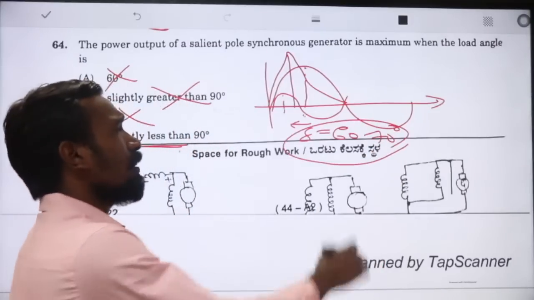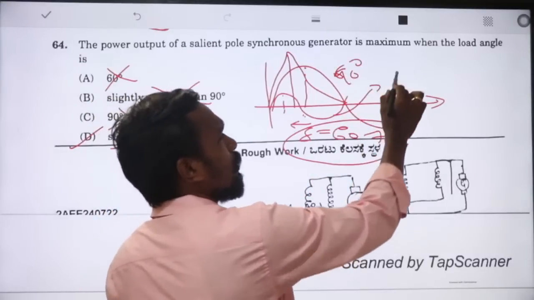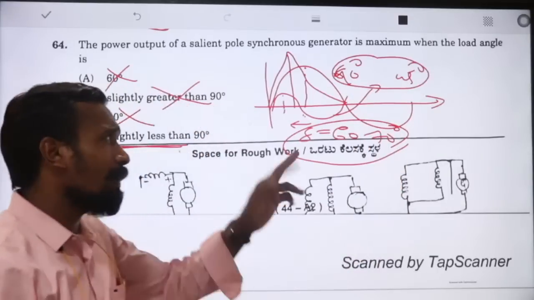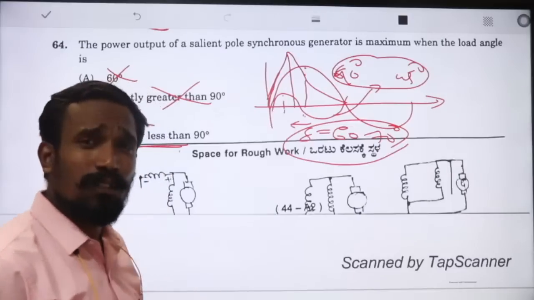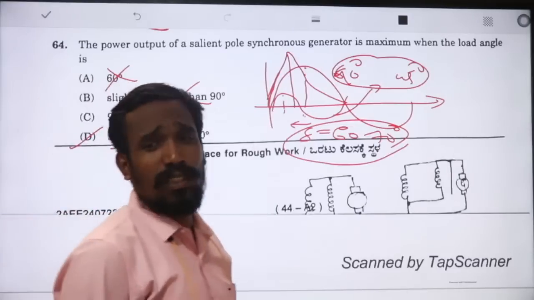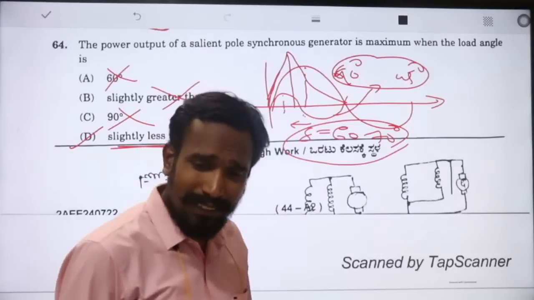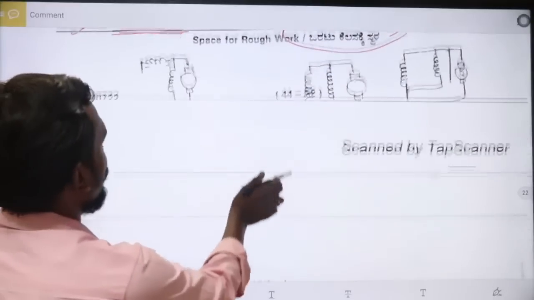I gave you that the electromagnetic power will be maximum at 90 degrees, the reluctance power maximum at 45 degrees, and the total power developed by the machine in between. The stability is maximum at 30 to 40 degrees. In a cylindrical machine, maximum power occurs at 90 degrees. Slightly less than 90 degrees is the 100% correct answer, guys. Right, very good.